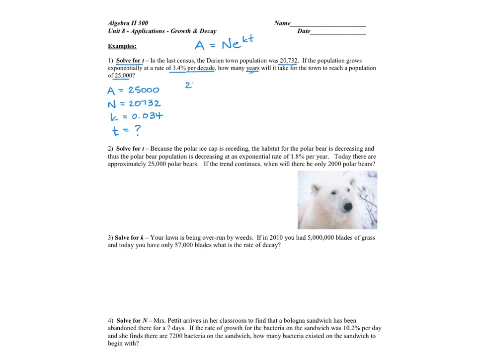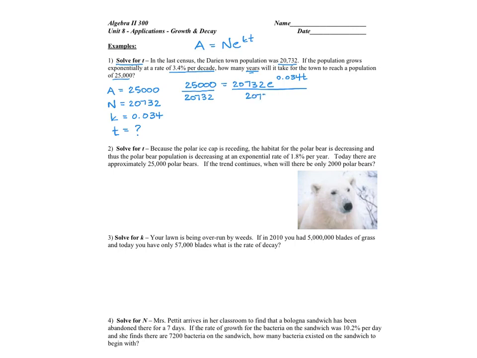If I start plugging in the information that I know, I have 25,000 equals 20,732 e to the 0.034t. The first thing I'm going to do to start solving is divide by 20,732 to isolate the exponential part of the equation.